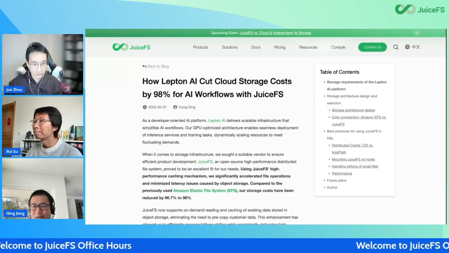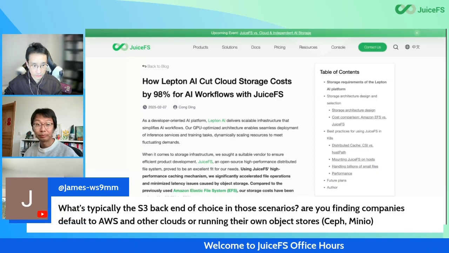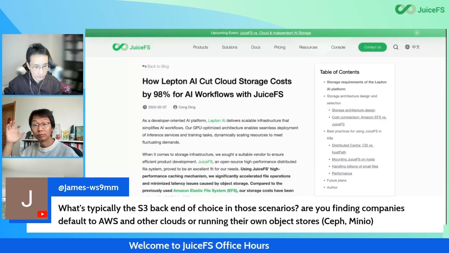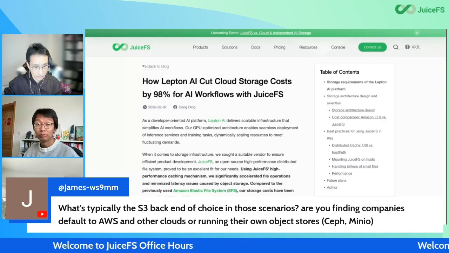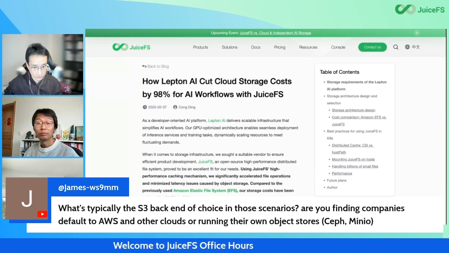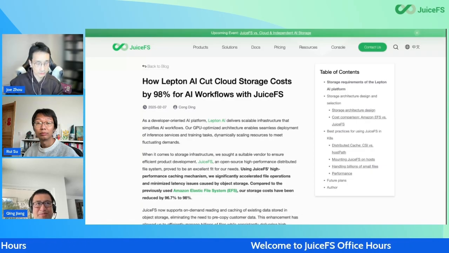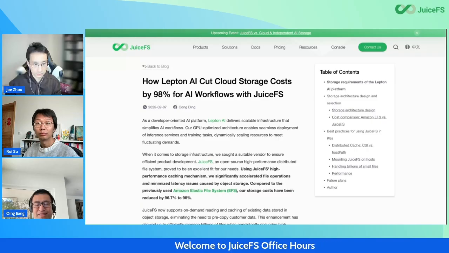Okay, there's another question from James. This question is about what the typical S3 backend of choice is for these scenarios, and whether companies default to another cloud or run their own storage. Yeah, I think it really depends on many decision factors.